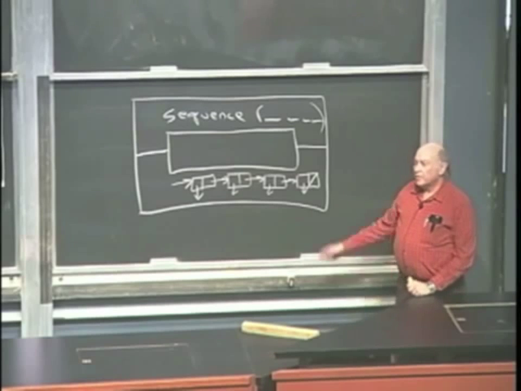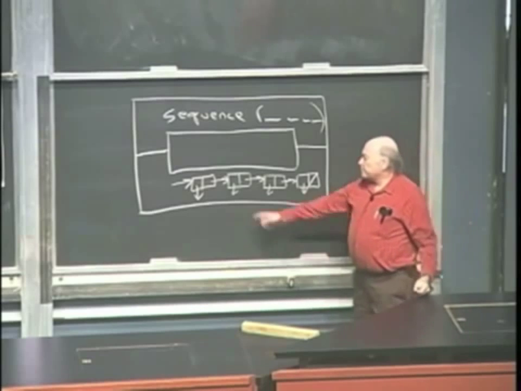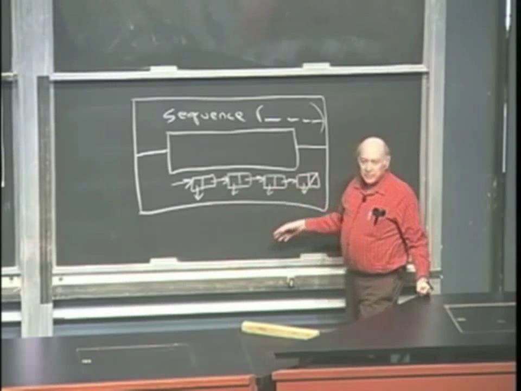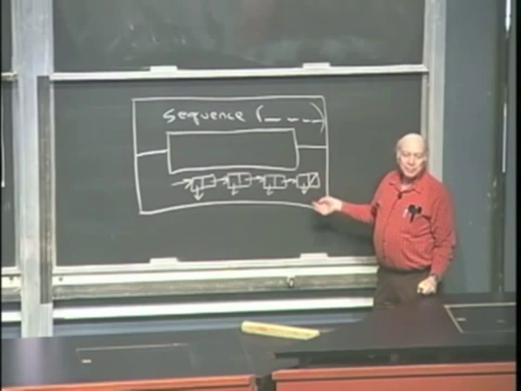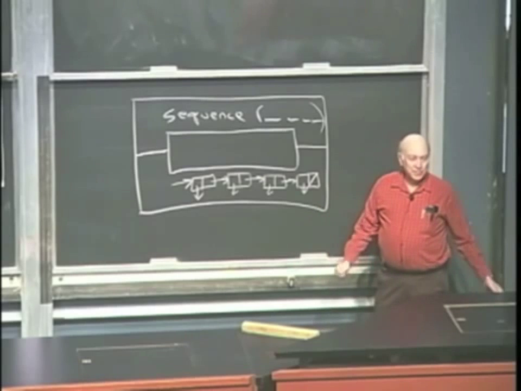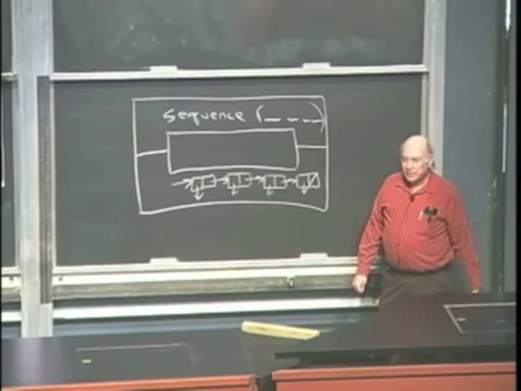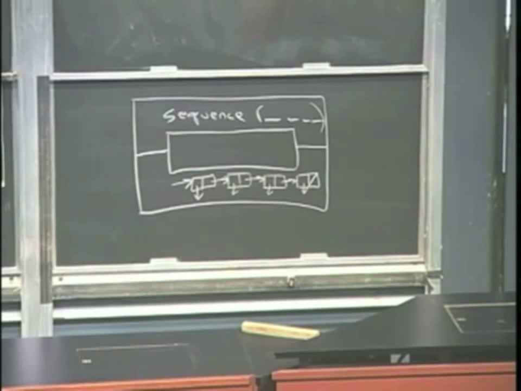And the car of each pair is an element of the sequence. And the cdr of each pair is the next pair along, except for the very last one, whose cdr is this special thing called the empty list. The empty list is not a pair, but it's the only list that isn't a pair. OK, so this is kind of a recursive definition of lists. A list is a pair whose cdr is a pair, or the empty list.